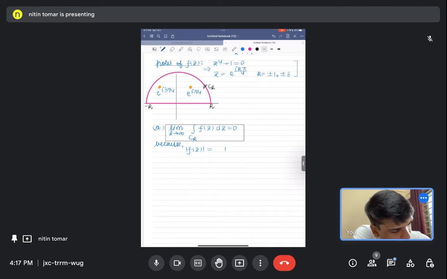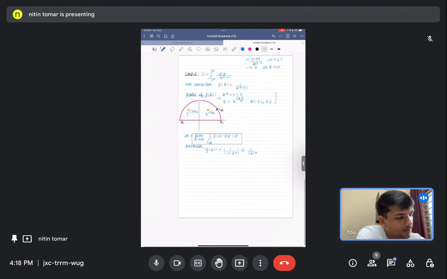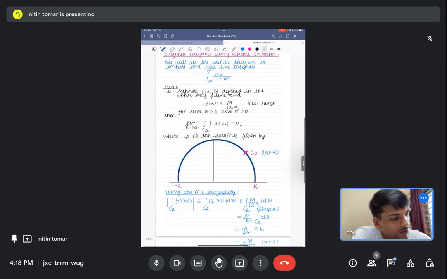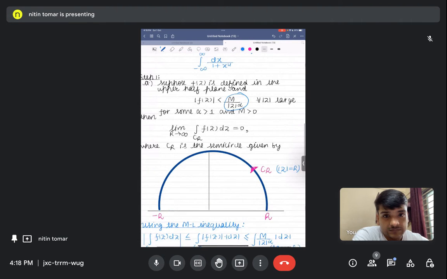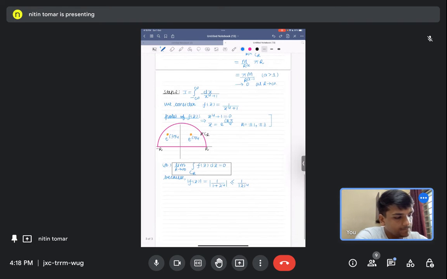Our mod f(z) is mod of 1 over (1 plus z^4), and this will be less than 1 upon mod z^4. Yes or no? Yes, sir. So if you compare, m is 1, alpha is 4, in our case, and f is well defined in the upper half plane, right? Yes, sir.